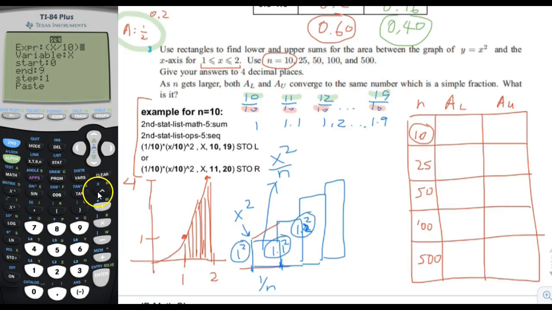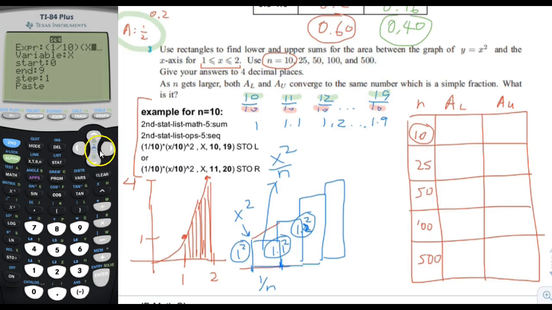And we also want to multiply this height by a width, and the width is 1 divided by n, which in this case is 10. So maybe we could just put 1 divided by 10 at the beginning.